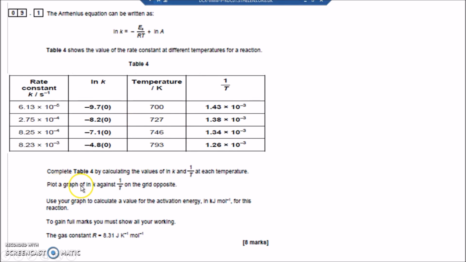When it now says plot a graph of natural log k against 1 over T, you always do y against x. So natural log of k, ln k, goes up the y-axis, and 1 over T goes along the bottom axis. Now when you're plotting the bottom axis, you can just use these whole numbers, 1.43, 1.38, 1.34 and 1.26, and put times 10 to the minus 3 in brackets on your label.